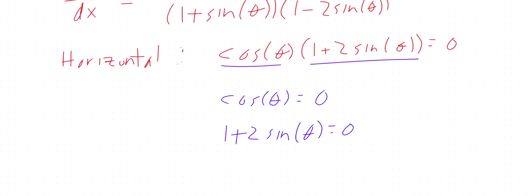For this, we're going to limit our responses only to between 0 and 2 pi, just for simplicity's sake. So here our theta would equal 0. And let's go from 0 to 2 pi, not inclusive.